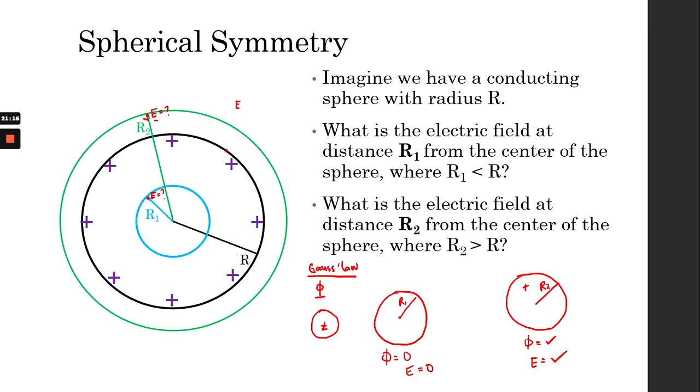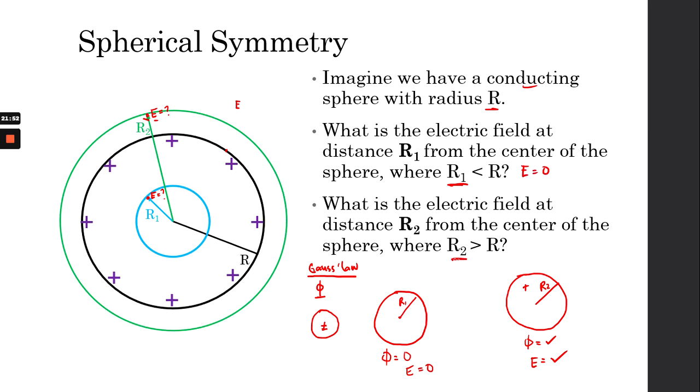Before we do that, I want you to notice that in terms of spherical symmetry, if you have a Gaussian surface sphere with a radius that is less than the radius of your conducting or insulating sphere, the electric flux would automatically be 0.